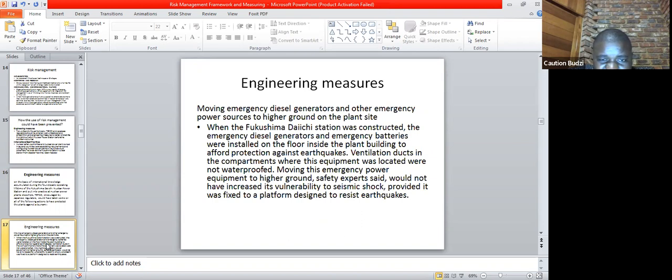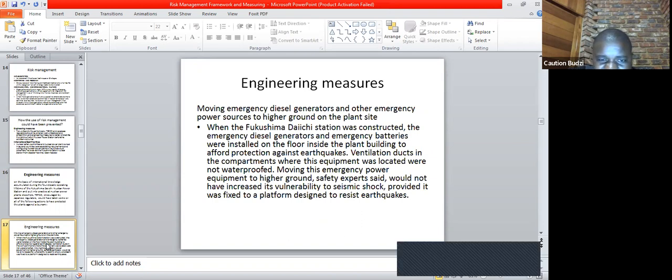The first measure is moving the emergency diesel generators and other emergency power sources to higher ground on the plant site. When the Fukushima Daiichi station was constructed, the emergency diesel generators and emergency batteries were installed on the floor inside the plant building to afford protection against earthquakes.